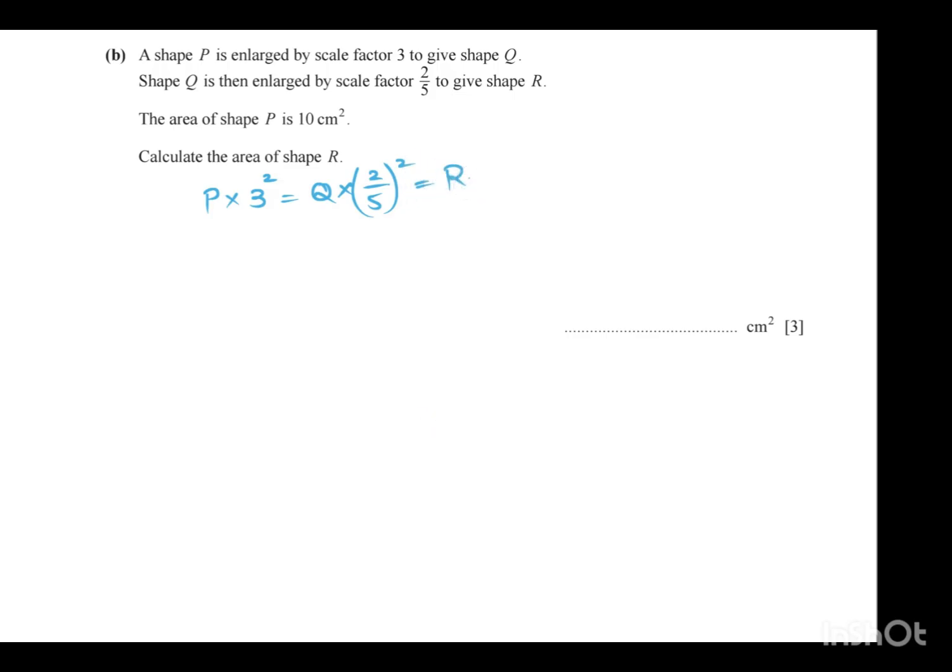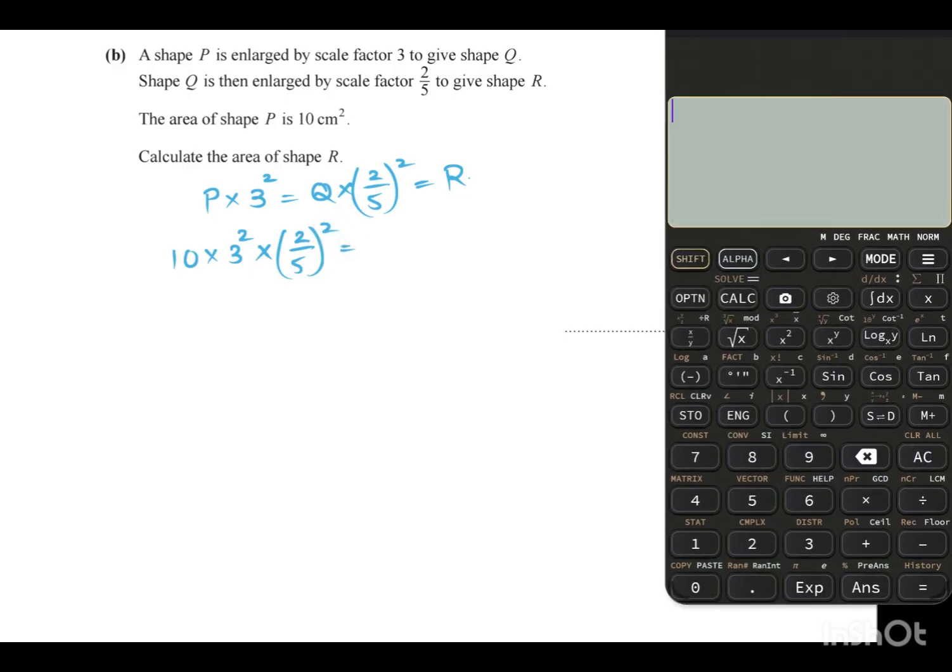Then you get R. So take the area of P, which is 10 times 3 squared times (2/5) squared. 10 times 3 squared times (2/5) squared is 14.4.